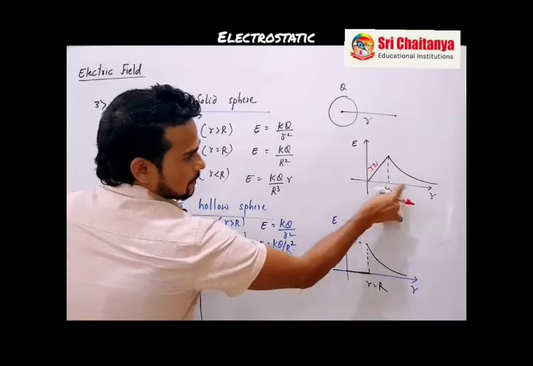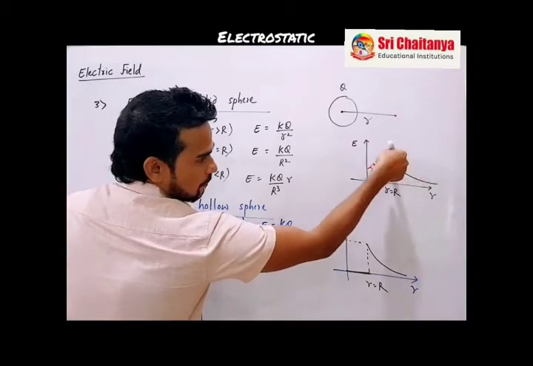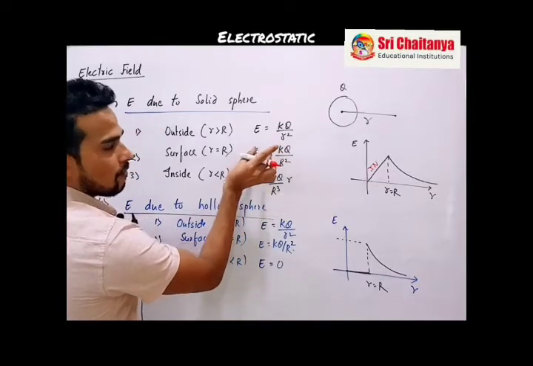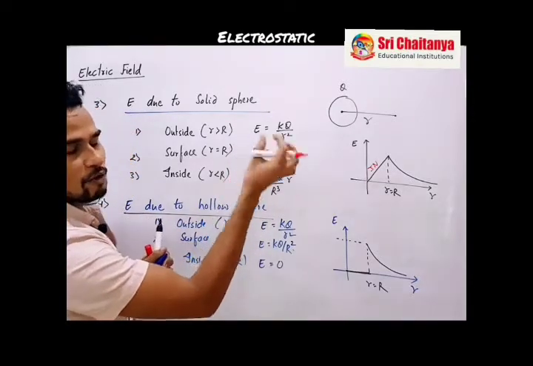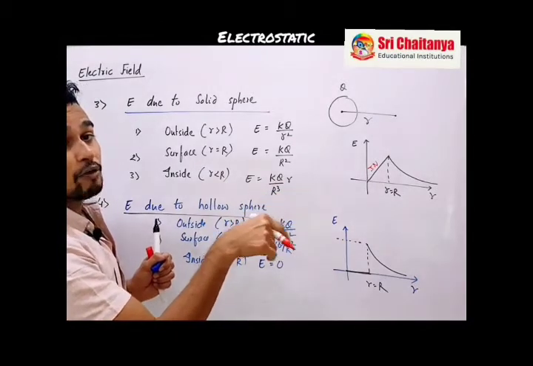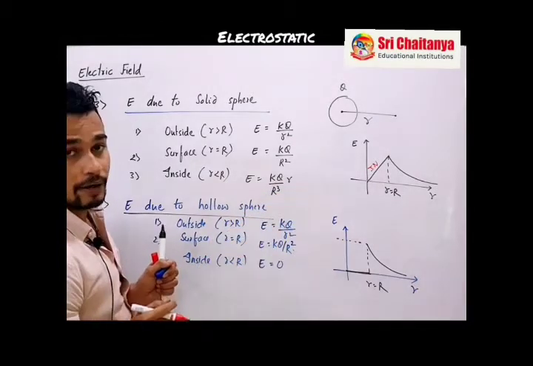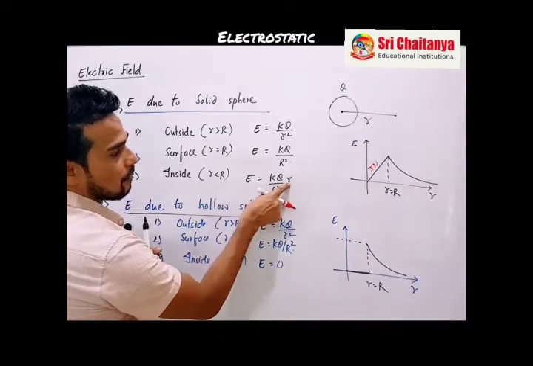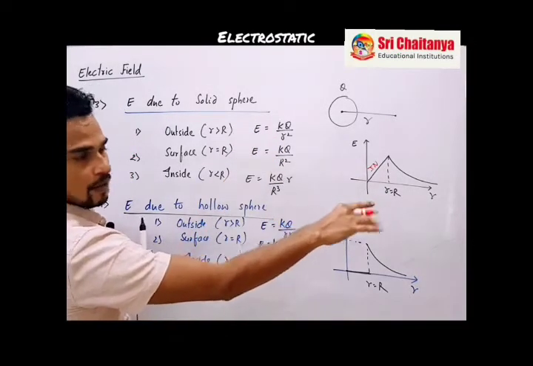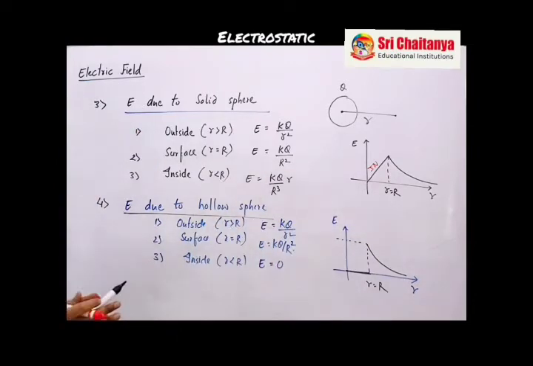But after this, outside, the variation will be inversely proportional, which you can see here. So the value of electric field outside is kq upon r square, inside the variation is different, kq upon R cube into small r. That means inside the variation will be a straight line, outside the variation will be inverse. So that's why you got the graph.